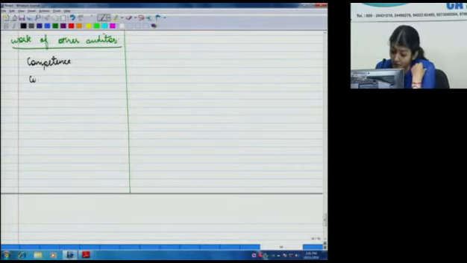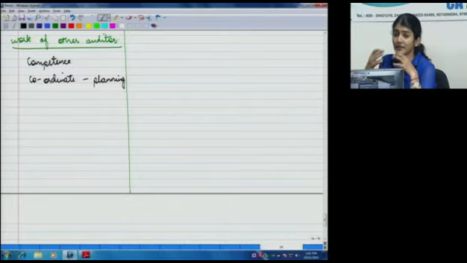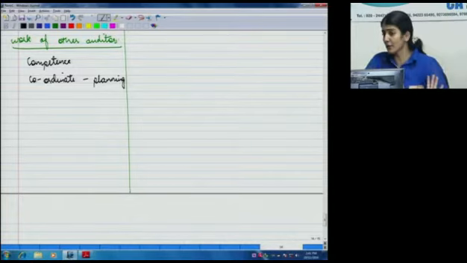Second, you need to coordinate with the other auditor while planning the work. What does it say? The principal auditor should consider the other auditor like a small brother. It's not that, okay, you do your work, I'll do my work.